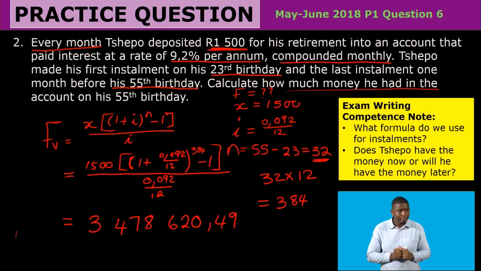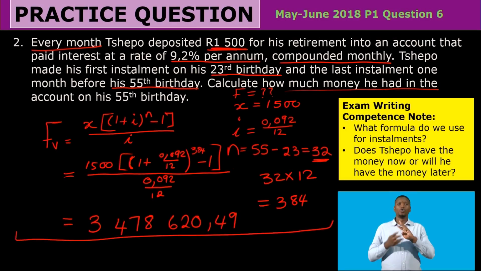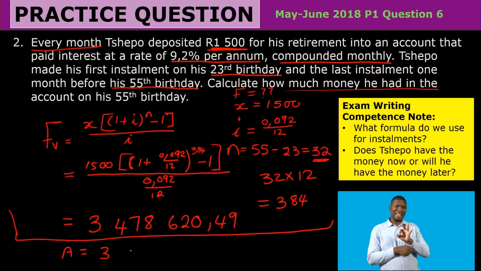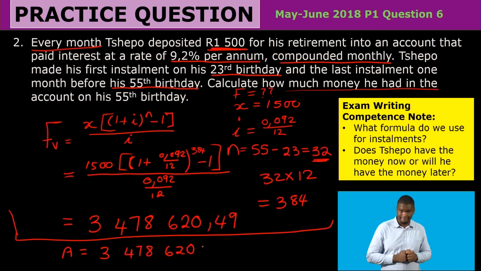Well, we are going to use our formula for the future value when there are no installments. So that means we are going to take this amount that he already has in his account, and that is 478,620.49, with that interest that he's going to gain for that one extra month.